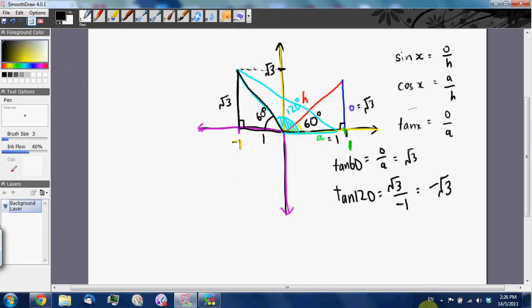If you type it in your calculator, you get the same answer: tangent 120 is negative root 3. Of course, all these angles are in degrees, not radians, so make sure your calculator is set to degree mode. Just applying this concept, you can find angles from 0 to 360 degrees, and anything beyond 360 degrees is just a repetition, so it's the same thing.